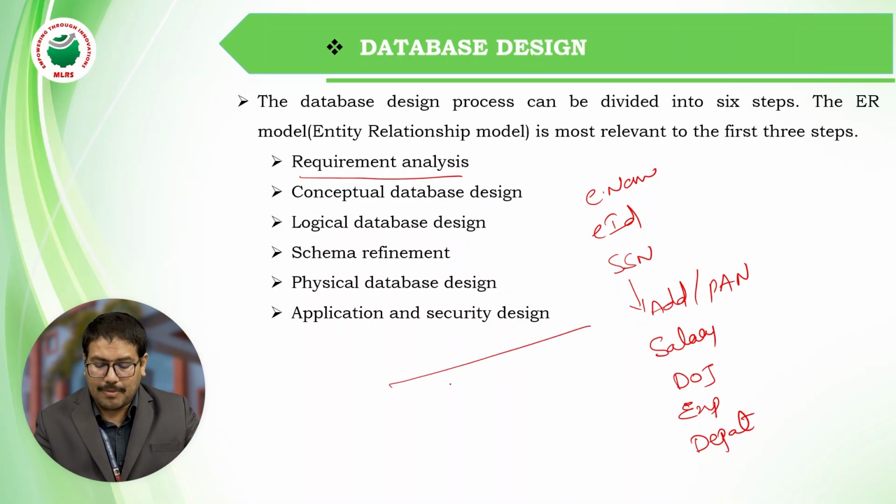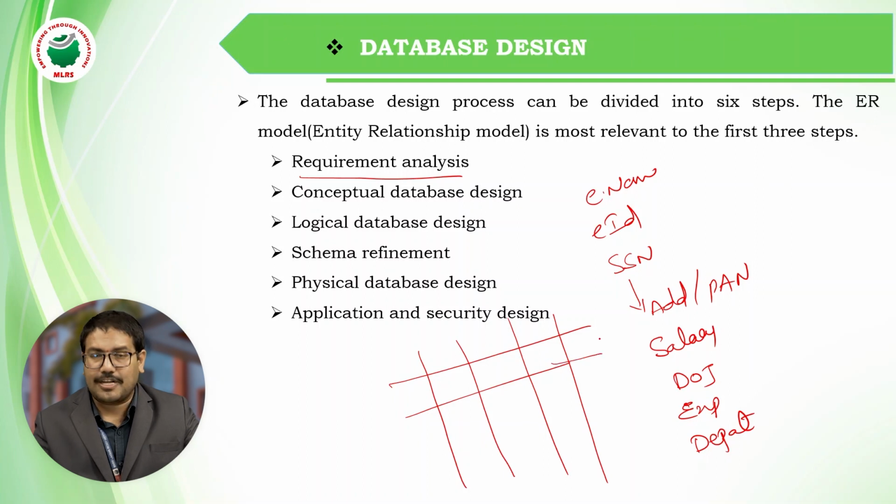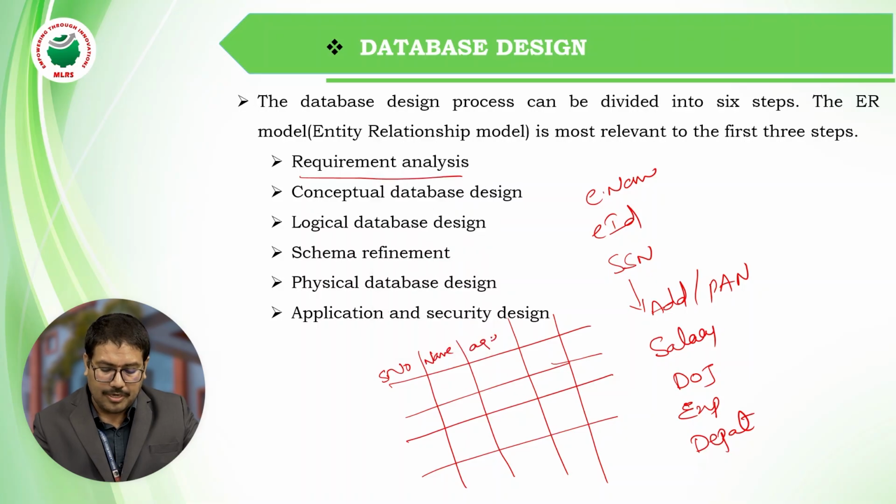Normally, if I consider a database, easy and simple, with an example I'm telling, this is your simple database. And I'm calling it a relational database, because in the relational database your data is stored in the form of rows and columns. These are the different rows and columns. This is the serial number column, this is the name column, this is the age column, this is the salary column, and here the address column.